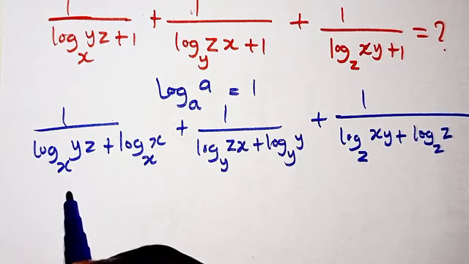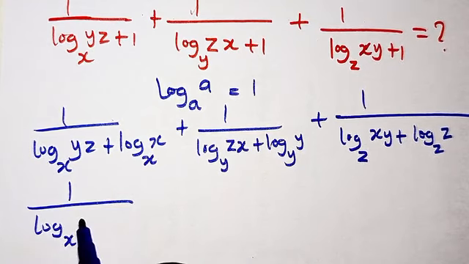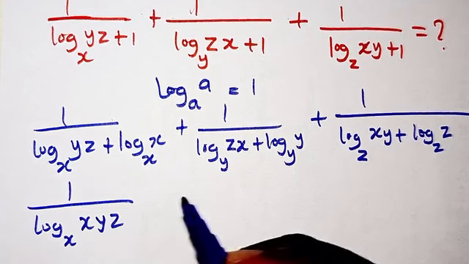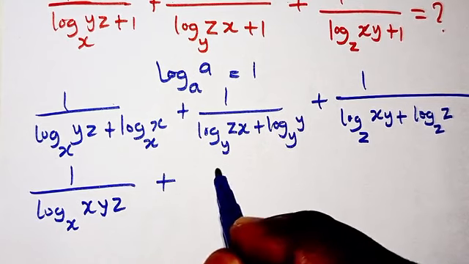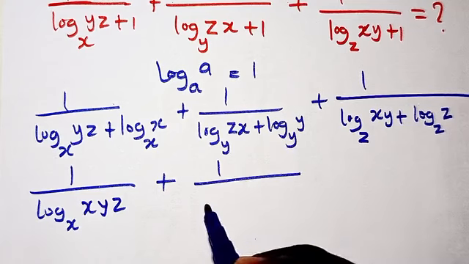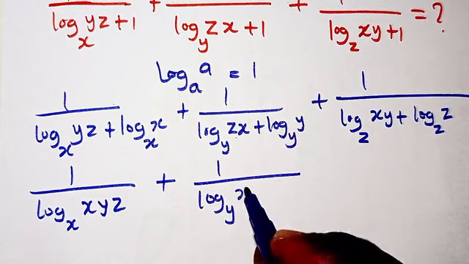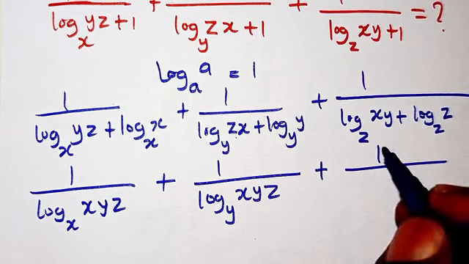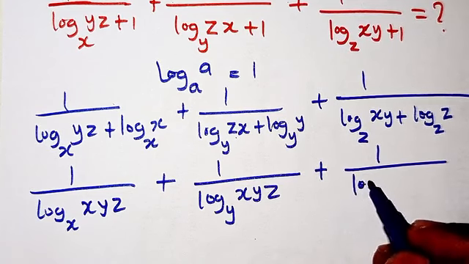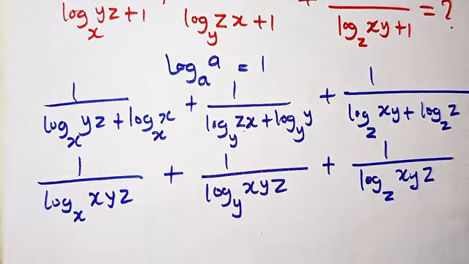We're going to have 1 over log base x of xyz, because x times yz gives us xyz, plus 1 over log base y of xyz, then plus 1 over log base z of xyz. Are you getting it now?